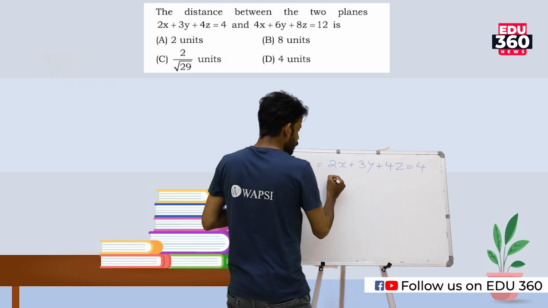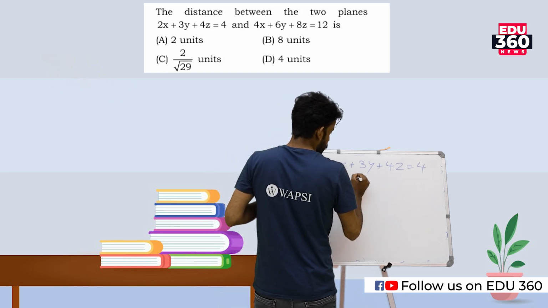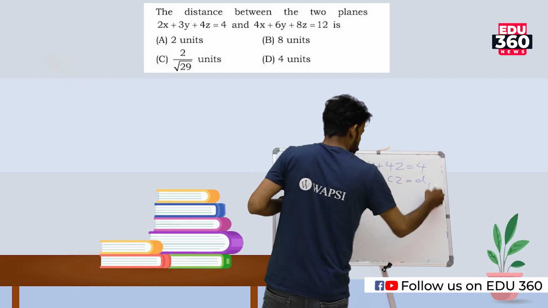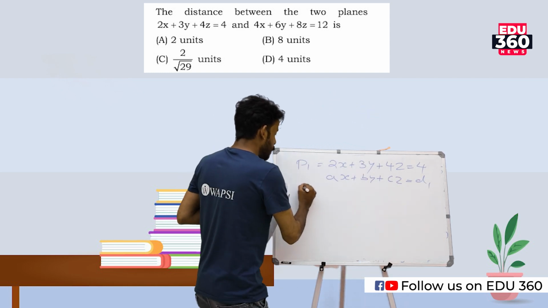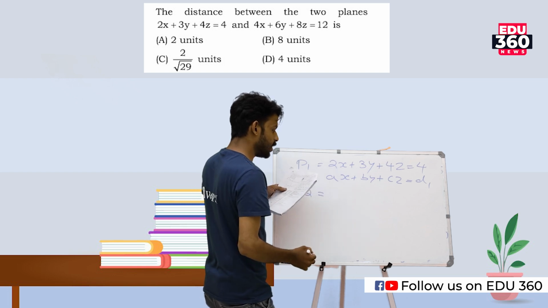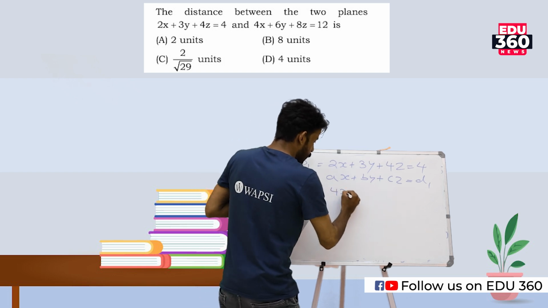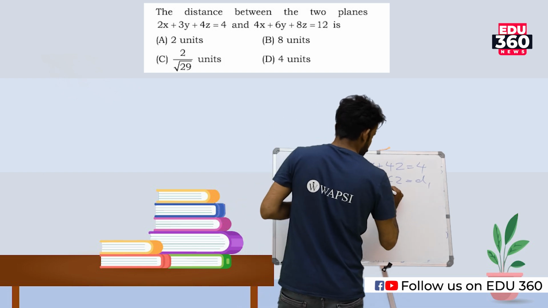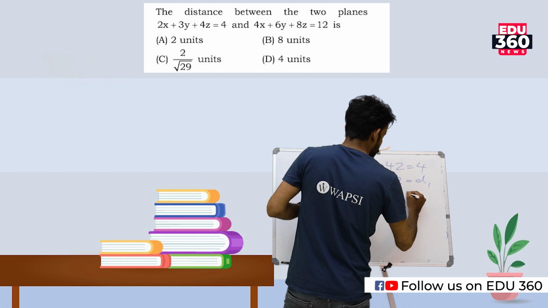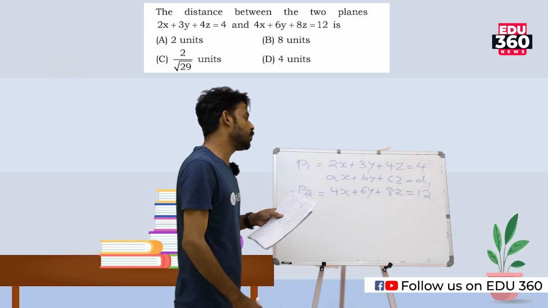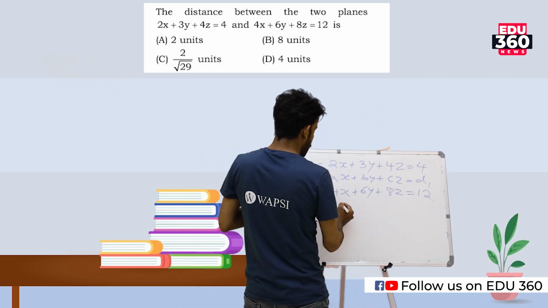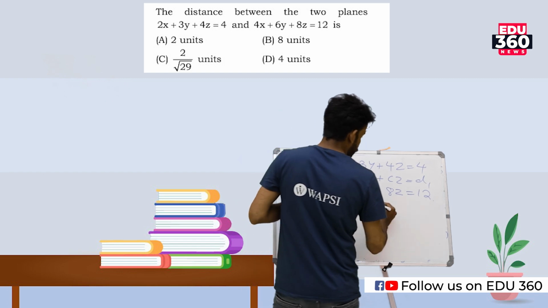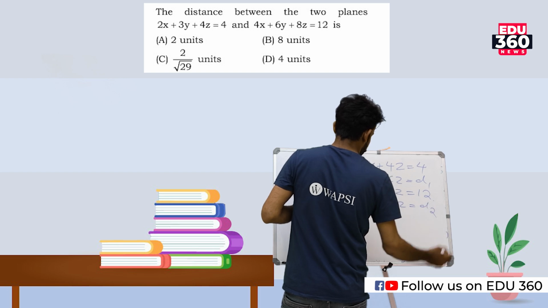This is the standard equation, ax plus by plus cz is equal to d1, and plane P2 is 4x plus 6y plus 8z is equal to 12, of the form ax plus by plus cz is equal to d2.